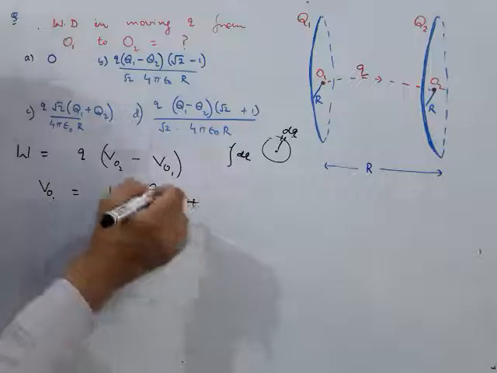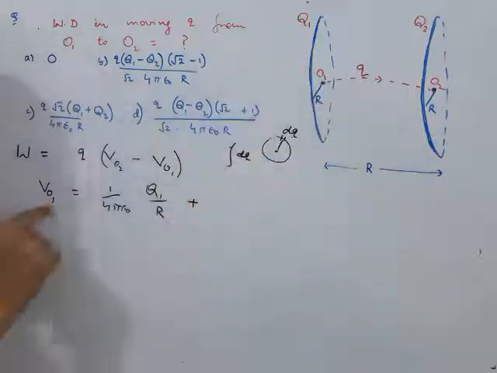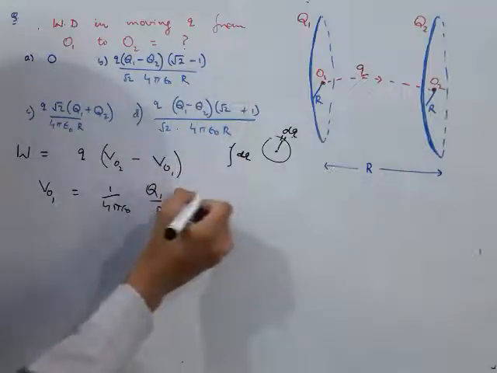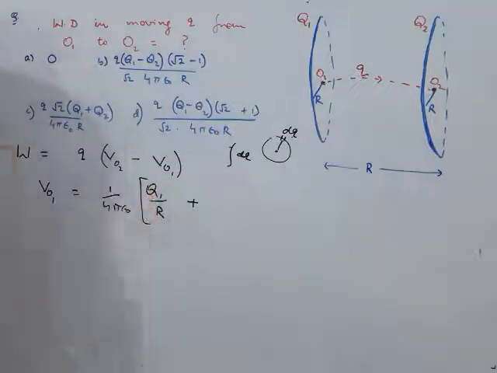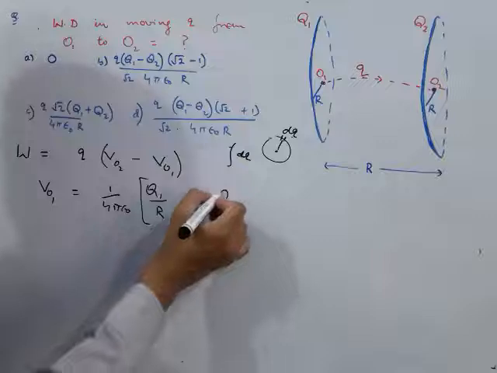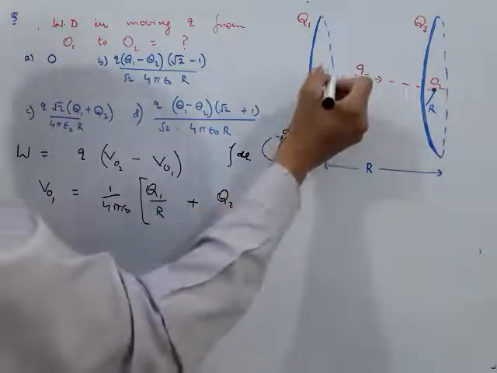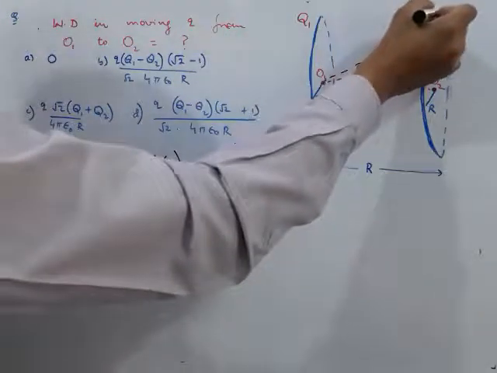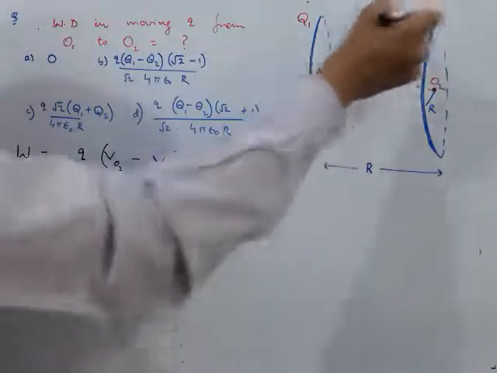Plus you have to find the potential at O1 due to this charge also. So due to this ring, the potential will be 1 by 4 pi epsilon naught, which I can take common, times this charge upon this distance. Because if you choose any element, that element will be at this particular distance.